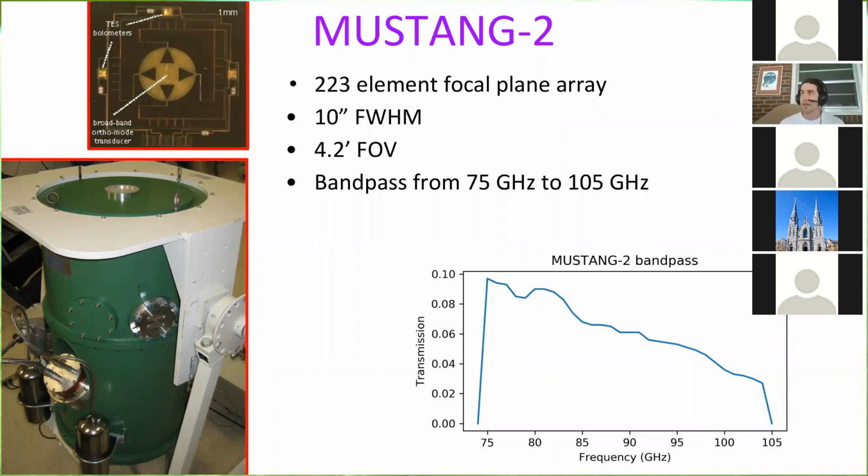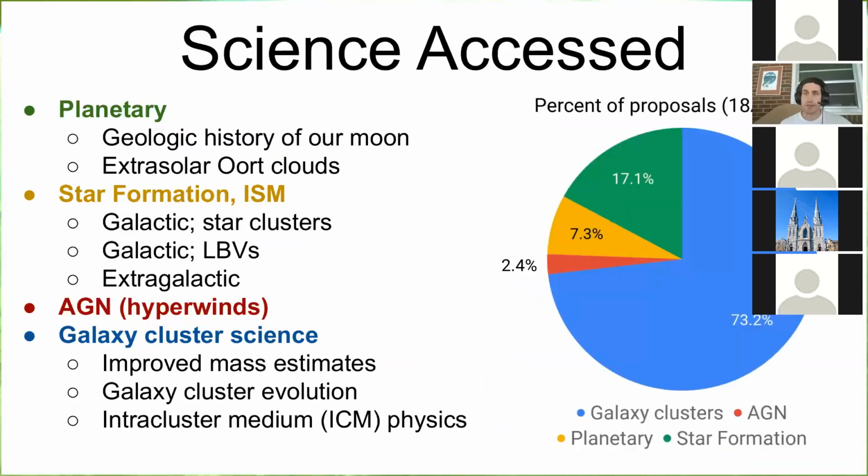So it'll be helpful also just to think about what science has already been proposed for observations with Mustang 2, in terms of getting a handle on whether whatever you might want to observe fits what's already been proposed. It may not, but Mustang 2 might still be the right instrument for you. So here's the breakdown of rough classifications that I've come up with for proposals that have been submitted, down to planetary, be it extrasolar Oort clouds or observations of our own moon.